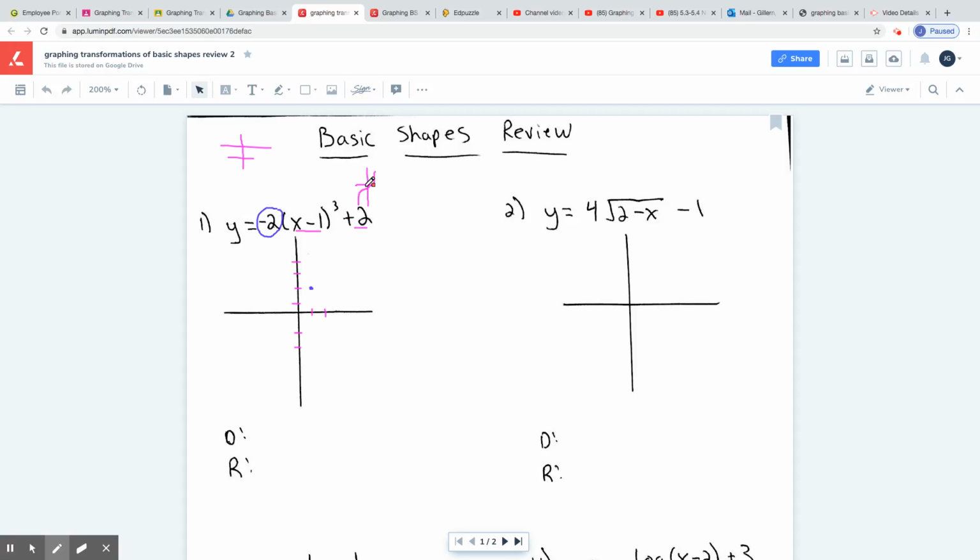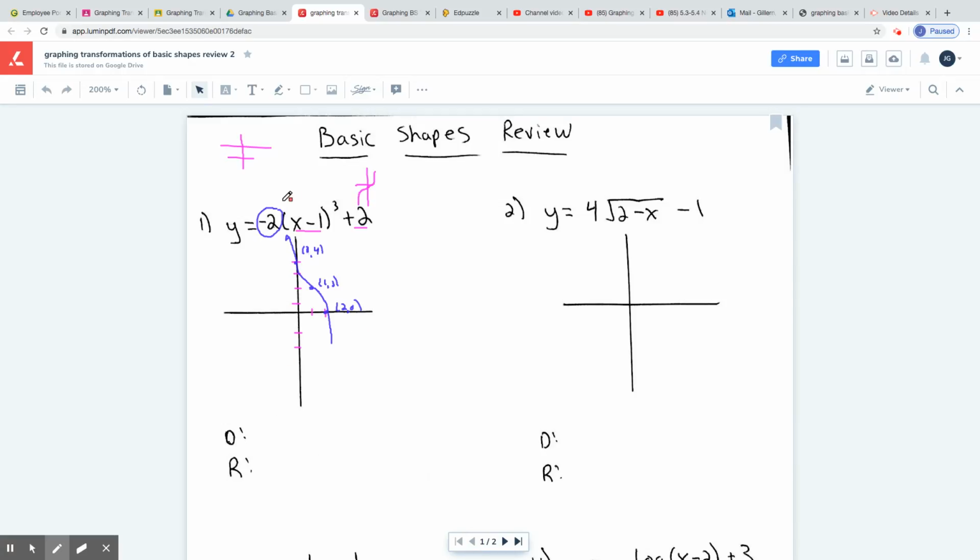Normally we go up and to the right and down to the left, but this negative means I'm going to go up 2 and to the left 1, and down 2 and to the right 1. And then we get a graph that looks like that. So this is at 0, 4, 1, 2, and 2, 0.